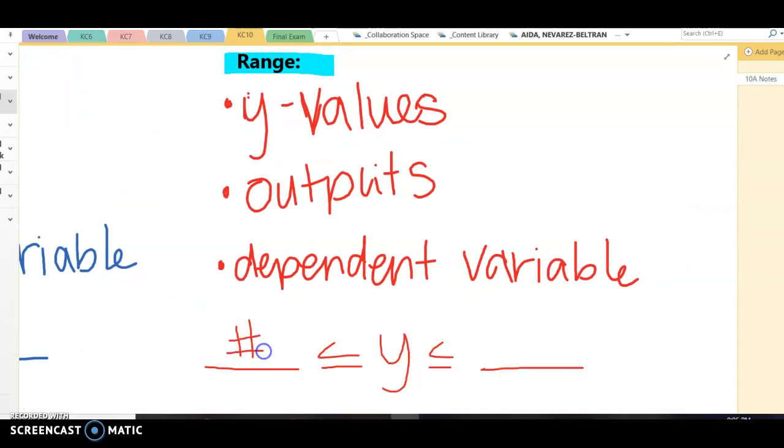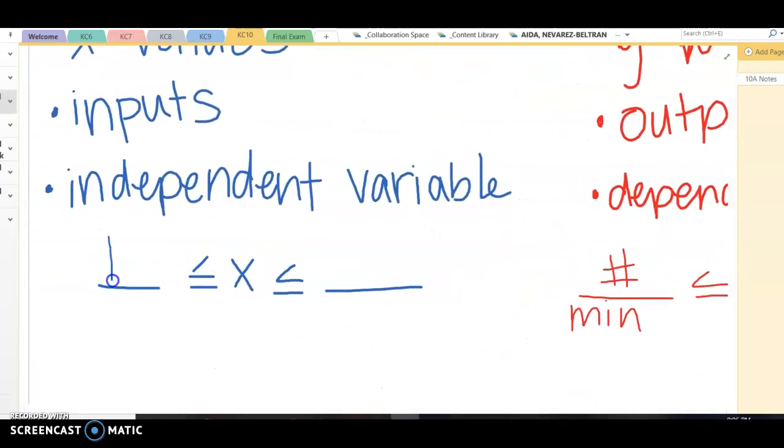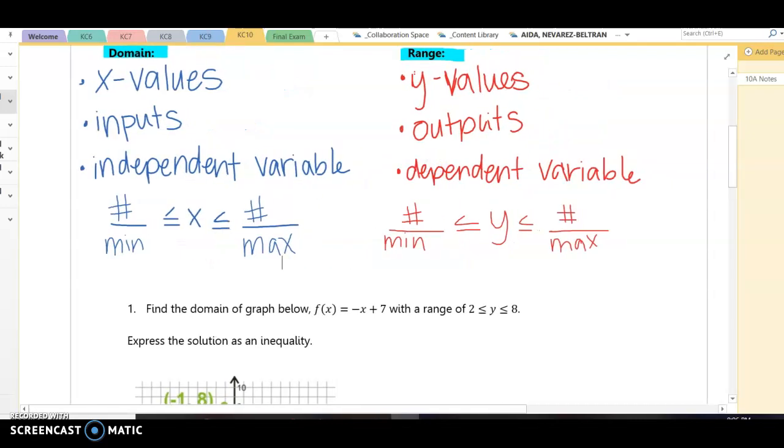The number that's the minimum goes here, and the number that's the maximum goes here. We have done these before. So the number for your minimum, same thing with your X's, goes here, and the number for your maximum goes there. So you're just looking at what's the min and max of your X's and Y's, okay?